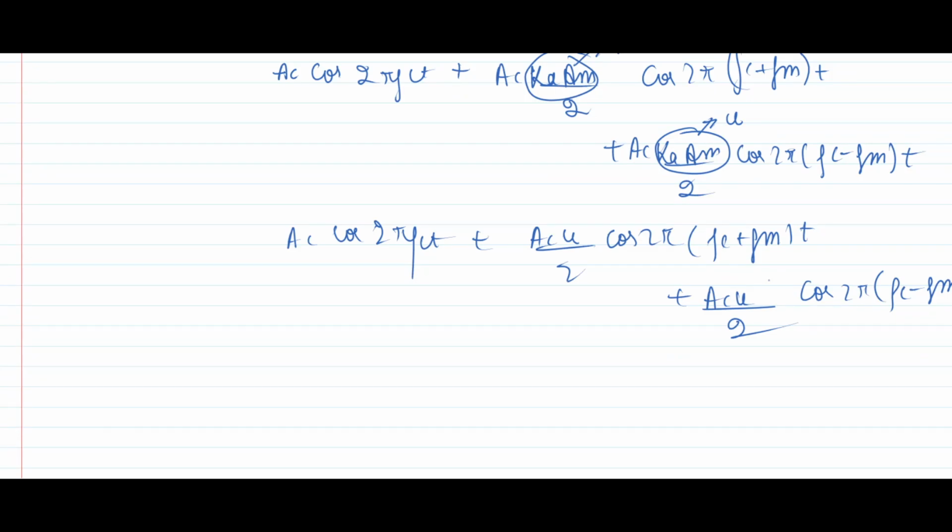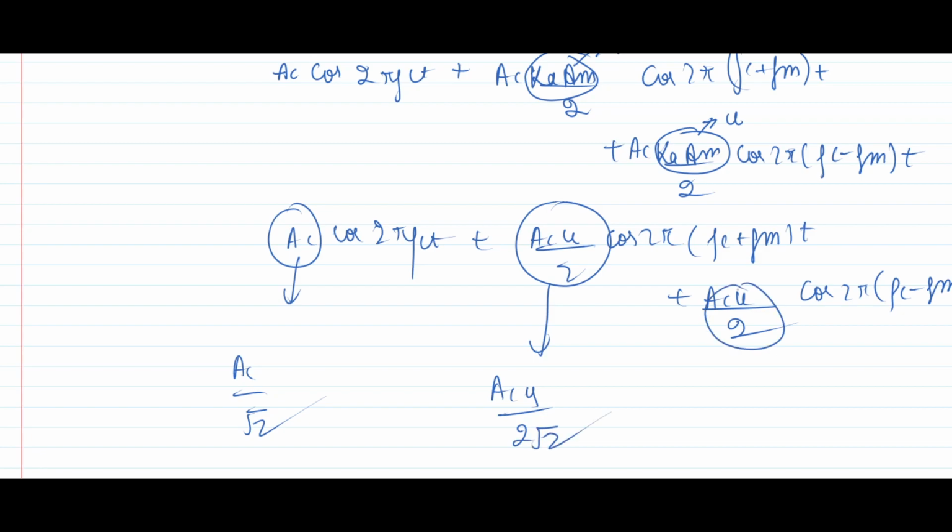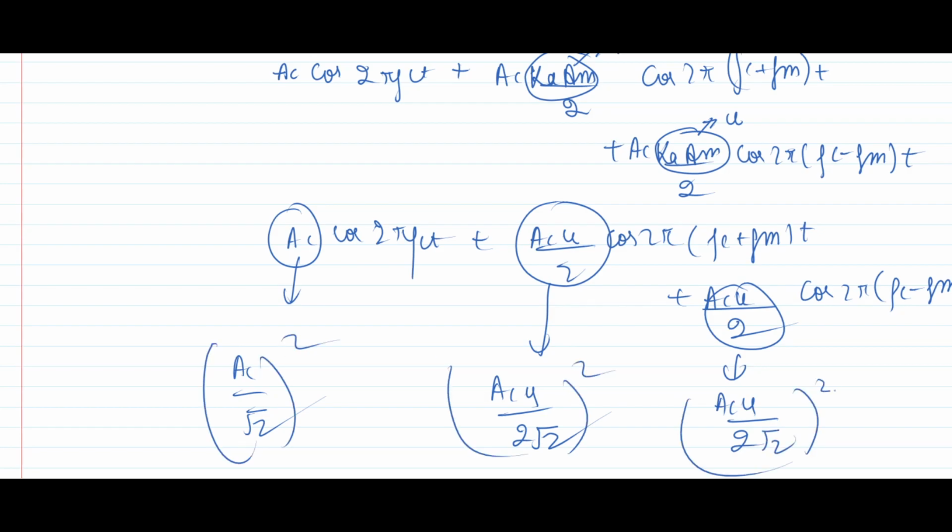This is the complete signal that you have obtained. Now, same step. What will be the RMS values? Ac by root 2, Ac mu by 2 root 2, and Ac mu by 2 root 2. Square these.